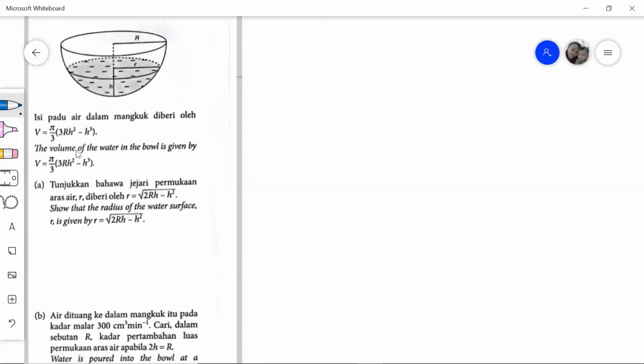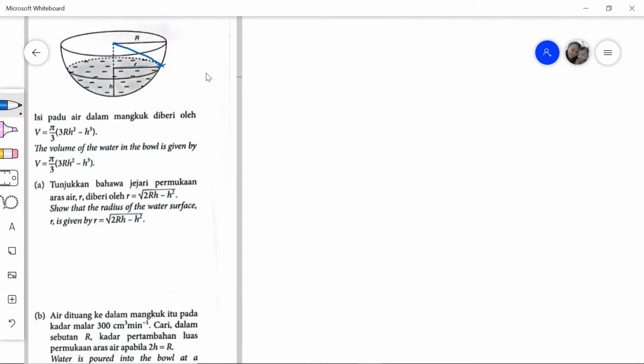Now, the volume of the water in a bowl is given by this. Okay, we have to show that the radius of the water surface, which is the R, is given by this. Now, how do we do this part? In order for us to find the R, draw another line that joins from the center of the hemispherical bowl to the end of this part that join with the radius of the water surface.